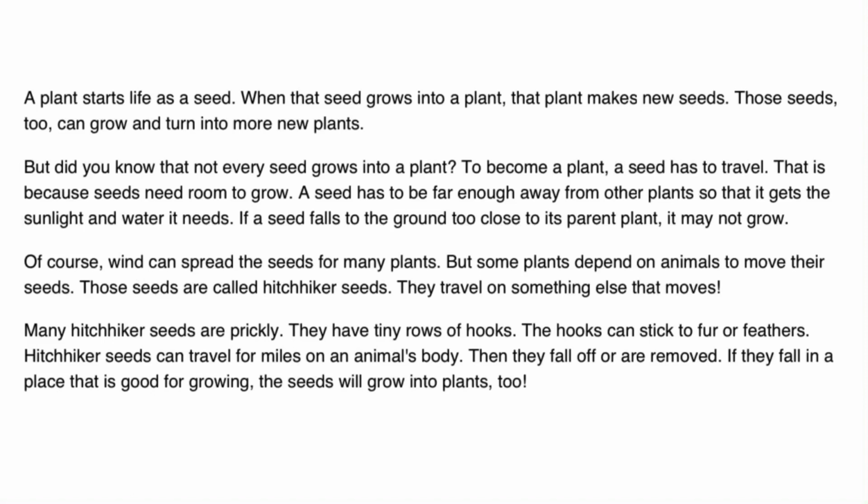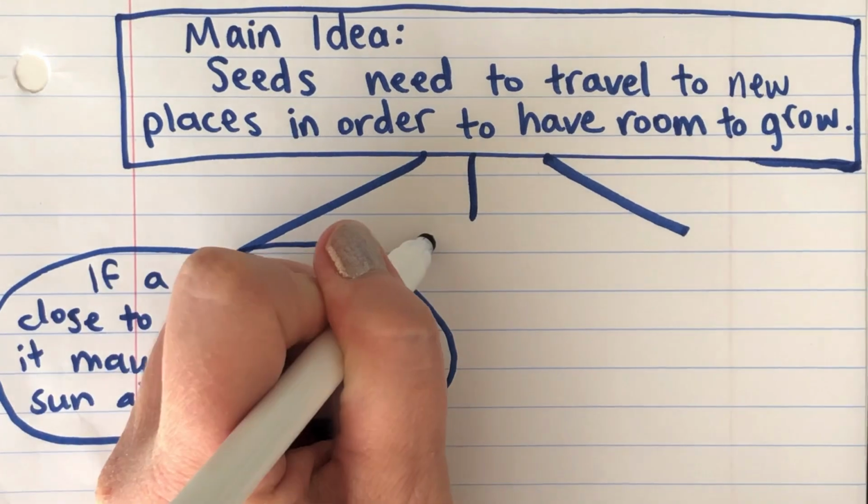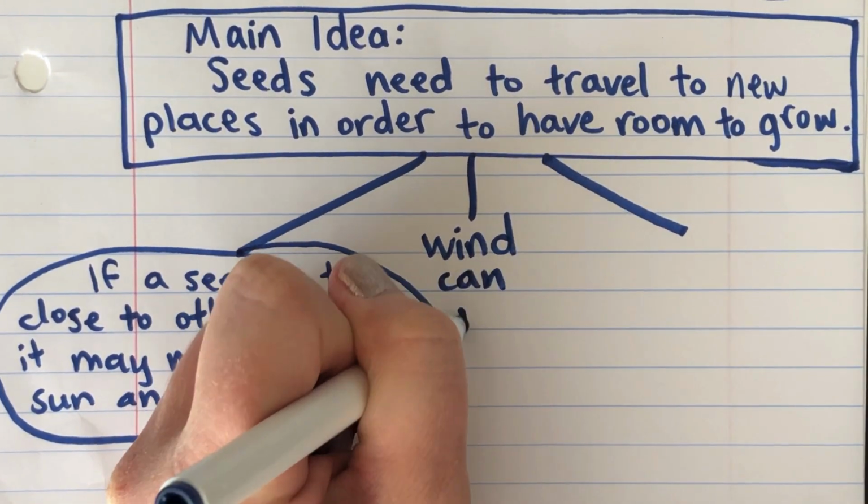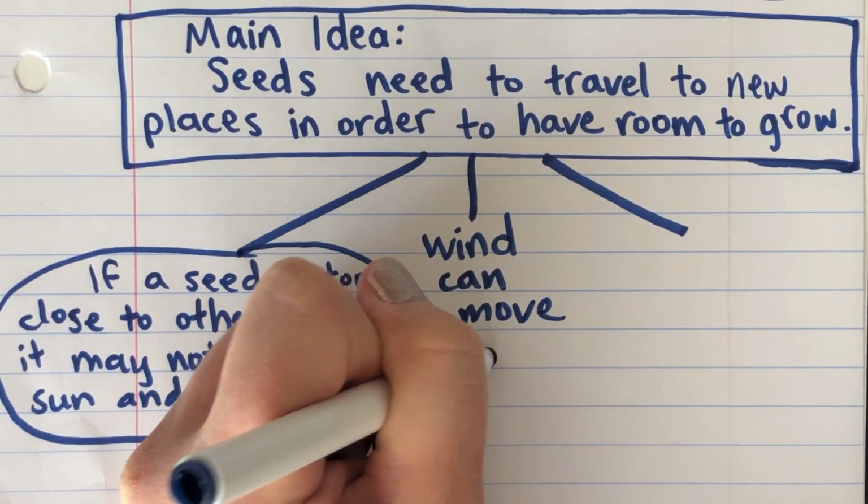In the third paragraph, it says wind can spread the seeds for many plants. Since that's an example of how some seeds travel, I'll use it as one of my details to support my main idea. Wind can move seeds.